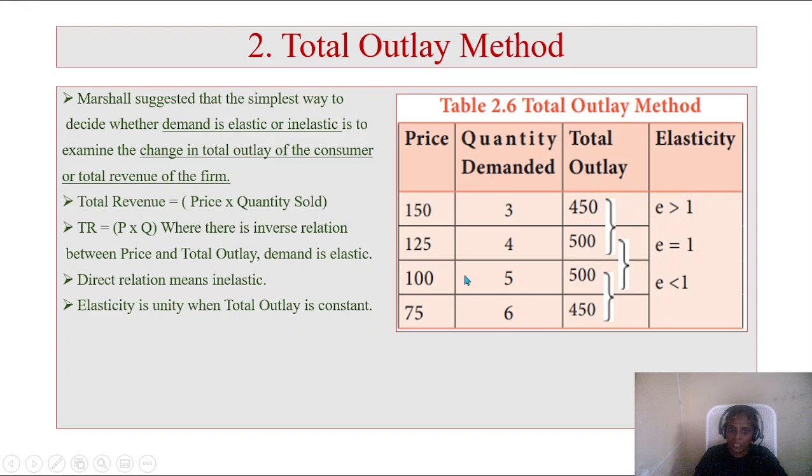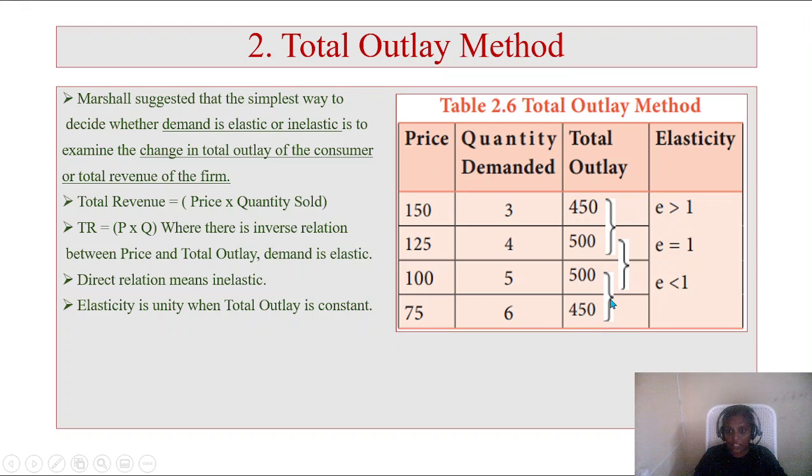And you take the third situation. If the price of the commodity decreases from 100 rupees to 75 rupees, what will happen? The quantity demanded will increase from 5 to 6. In that case the total outlay may be 450.